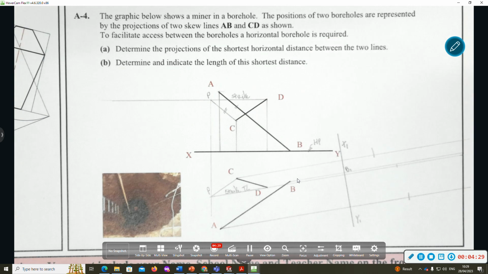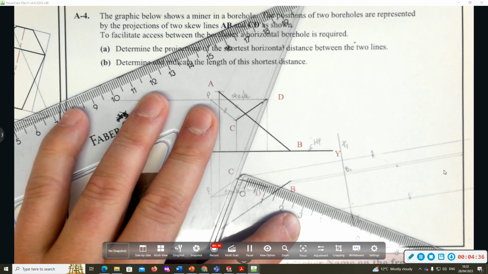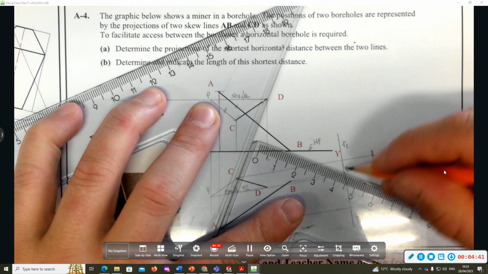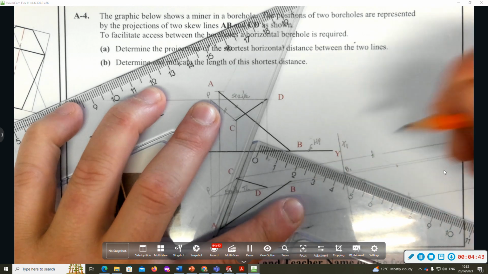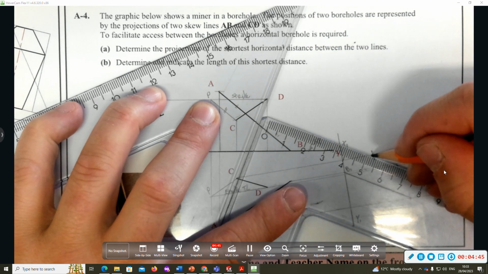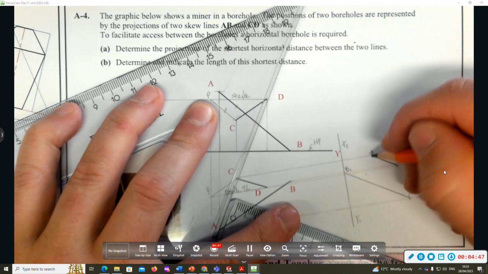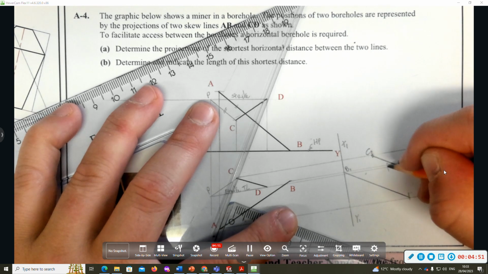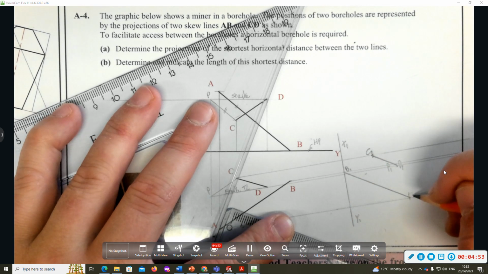Now, moment of truth. These two skewed lines have to appear parallel in our auxiliary elevation. So we connect them together. So this was C1, D1, P1, B1, A1.